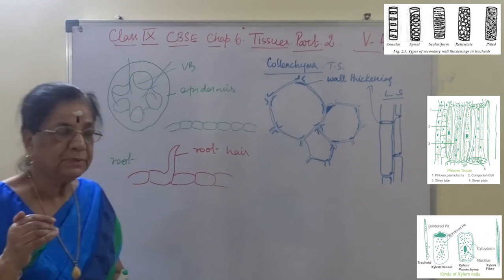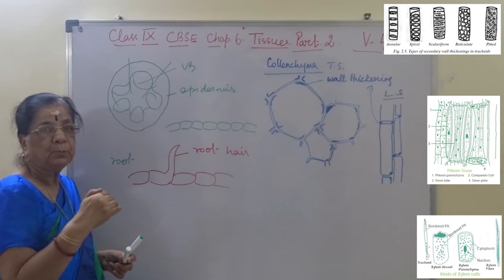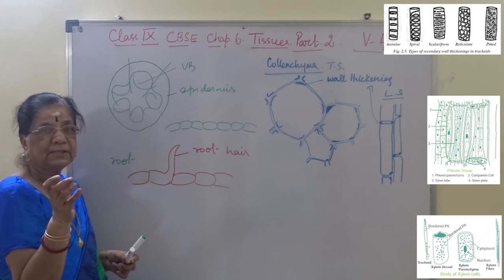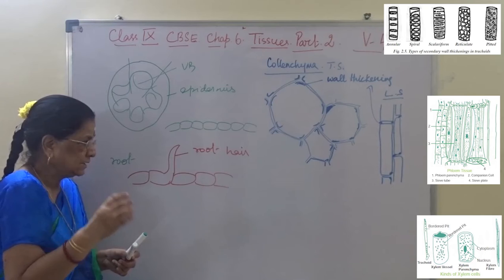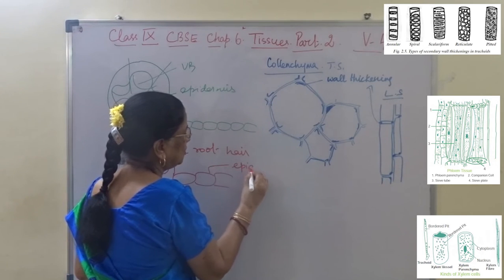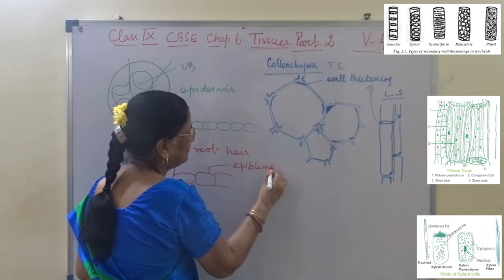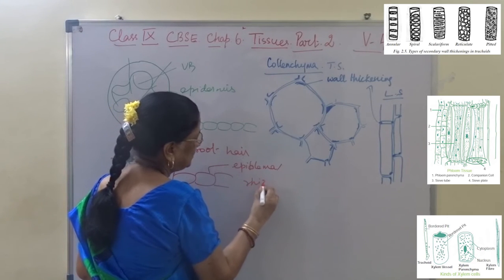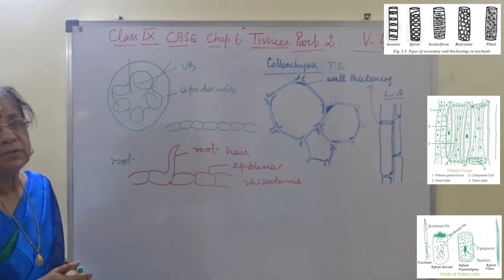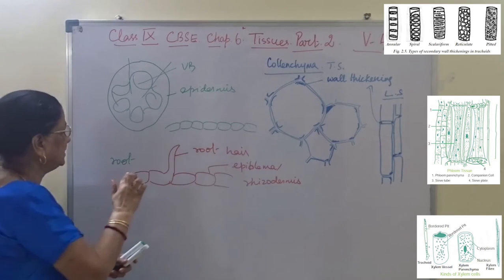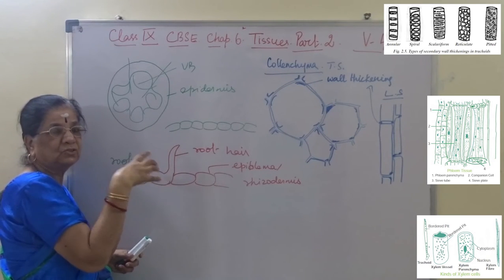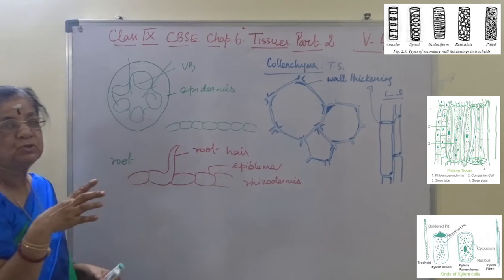In the root, the epidermis is called epiblema or rhizodermis, because the outer portion of the epiblema is mixed with the soil, so it does not have a smooth surface.